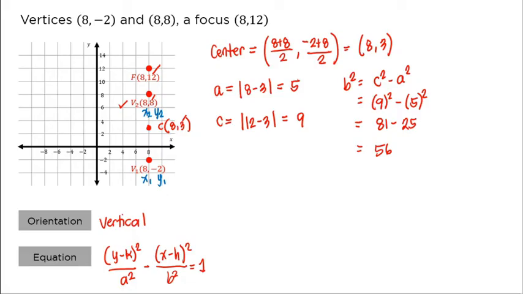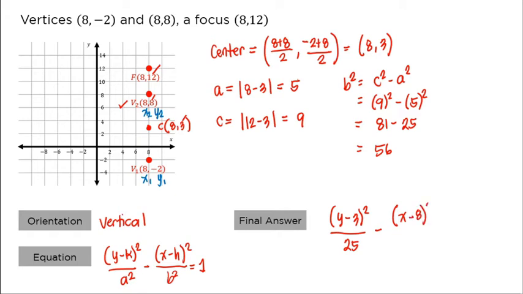So therefore, our final answer, based on our model equation, will be (y minus 3) quantity squared over a squared, that will be 5 squared, which is 25, minus (x minus 8) quantity squared over b squared, which is 56, equal to 1. This will be our final answer.